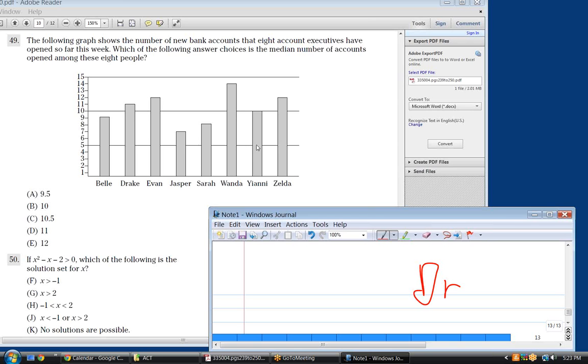And Yanni is the biggest one. So Yanni would go right there. So halfway between Yanni and Drake. So the only ones I have to know are those 2. Now whether that's 11 and 10, 10.5, yeah. So whether that logic saved me time or not, I'm not sure.